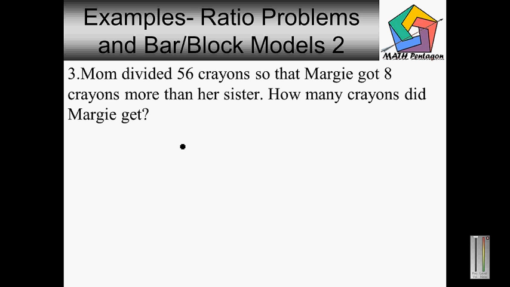Okay, we have Mom divided 56 crayons so that Margie got 8 crayons more than her sister. How many crayons did Margie get? Well, to figure this out, you would have to draw a bar, like a column, whatever. So for Margie, like a long bar you can make.